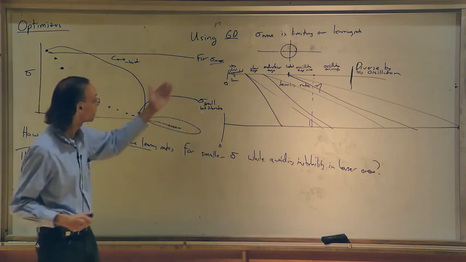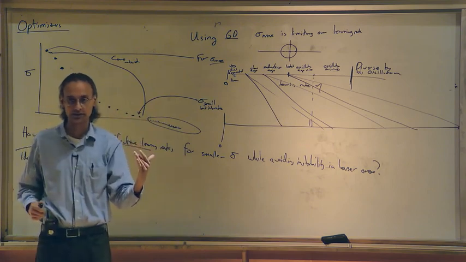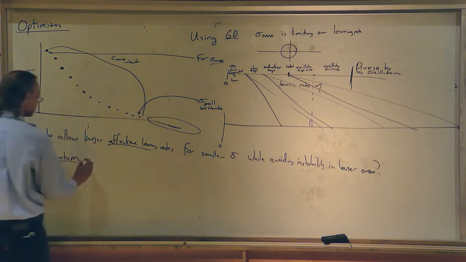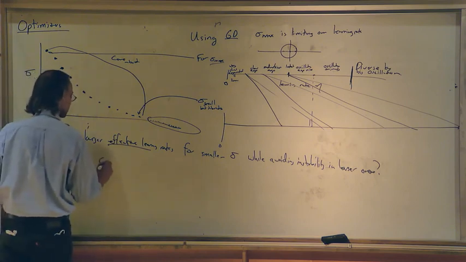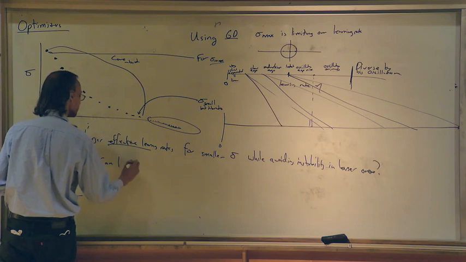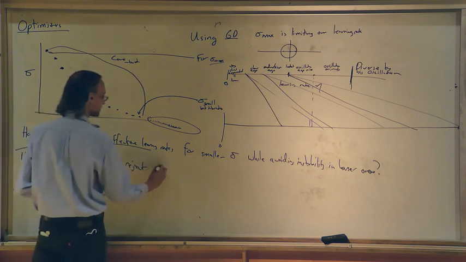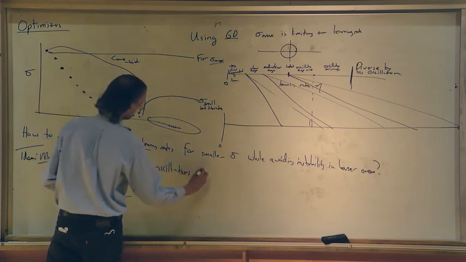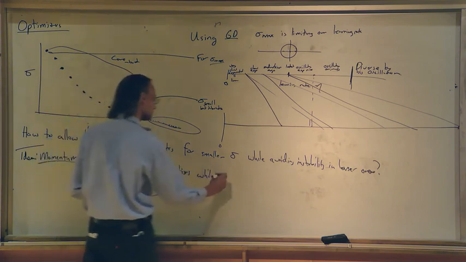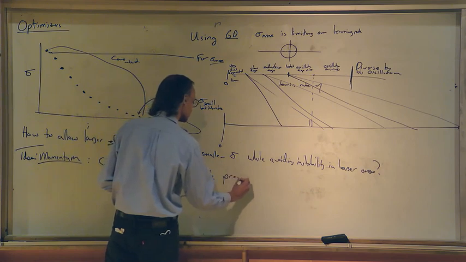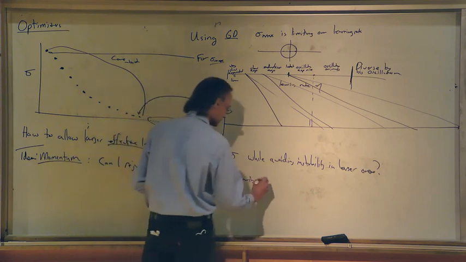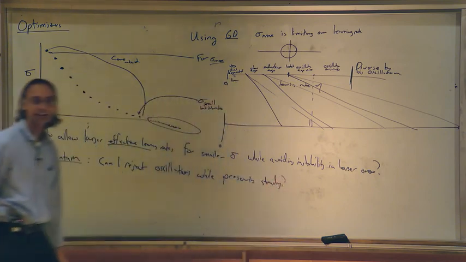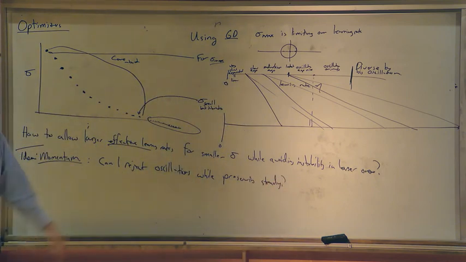On the large one, they're becoming oscillatory. So there's a question, right? Momentum says, can I reject oscillations while preserving steady things? And the answer is yes, we know how to do this.